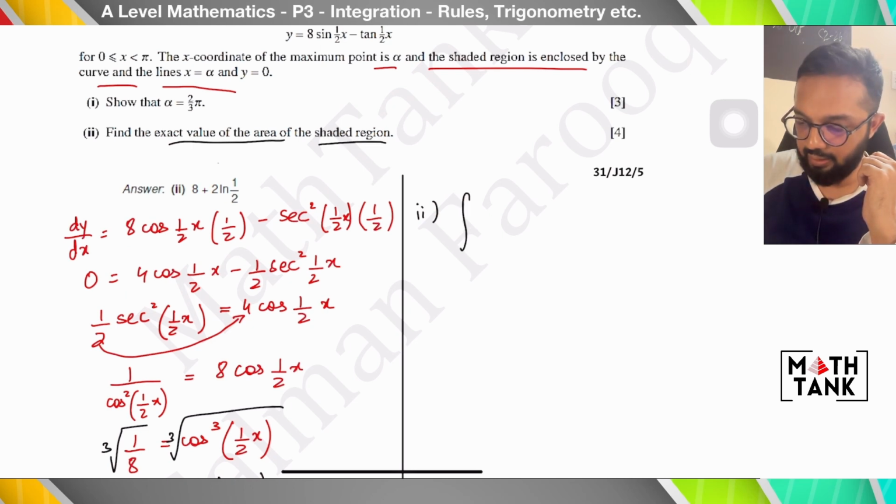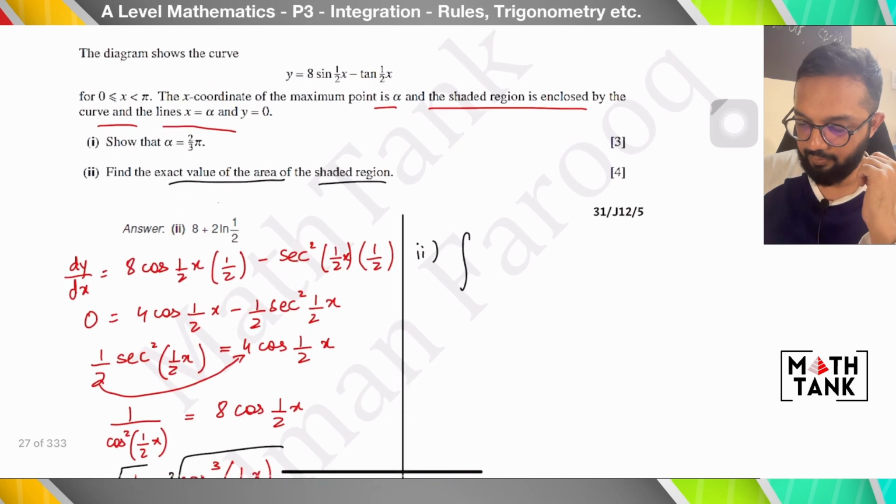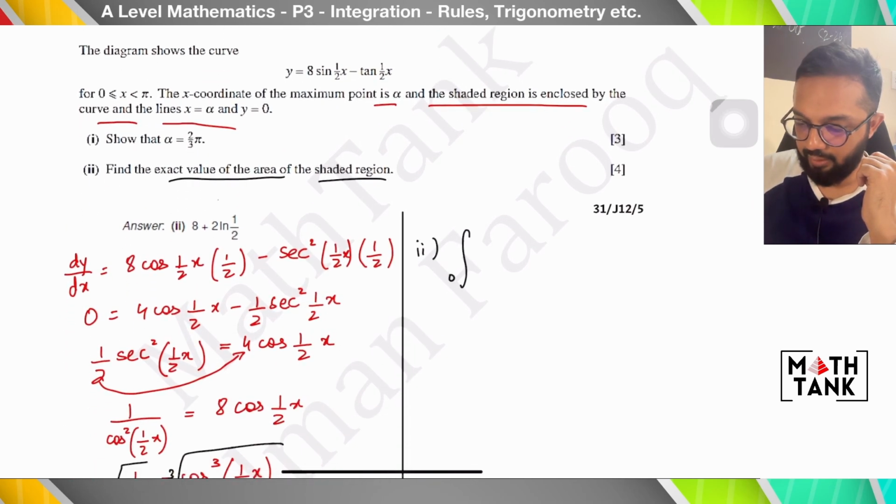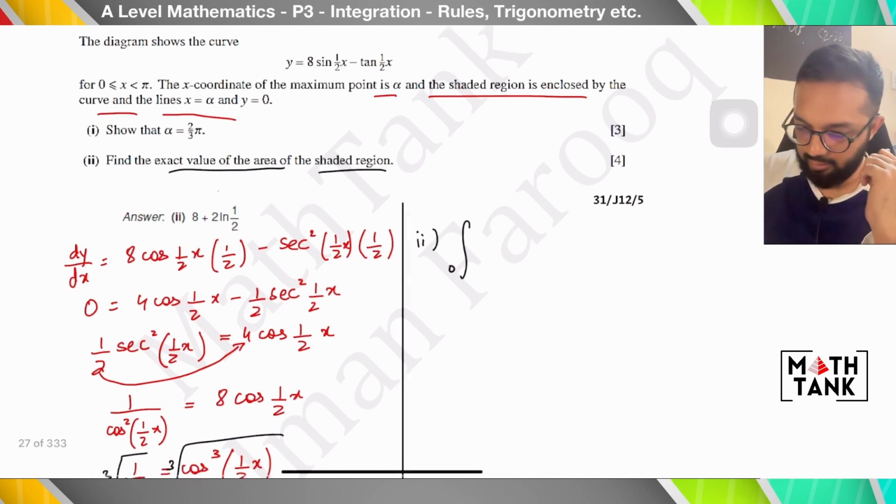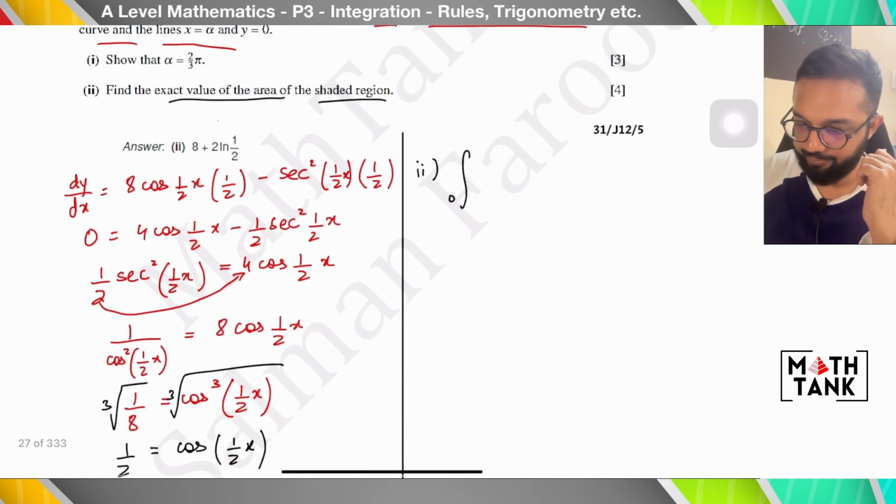So I'm going to integrate from 0 to 2 pi over 3.